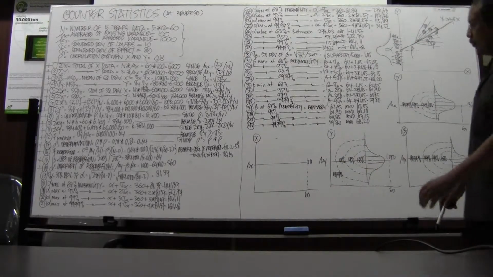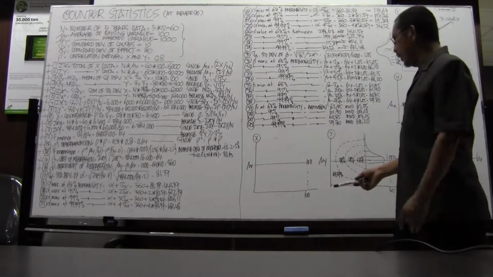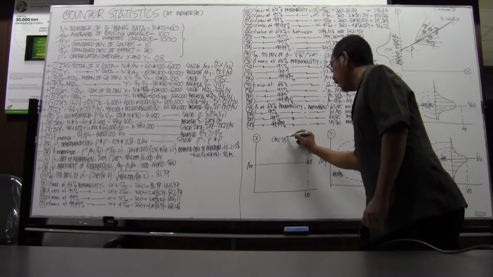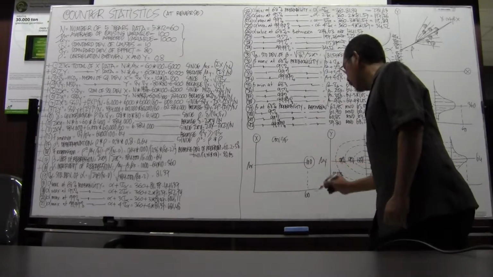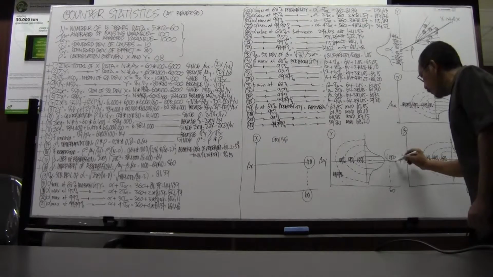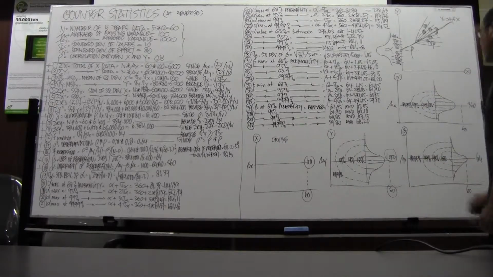So in simple, we can say for the X data, the Gaussian data, we have the average of 100 out of 60 data. For the Y, we have the average of 1000 out of 60 data.